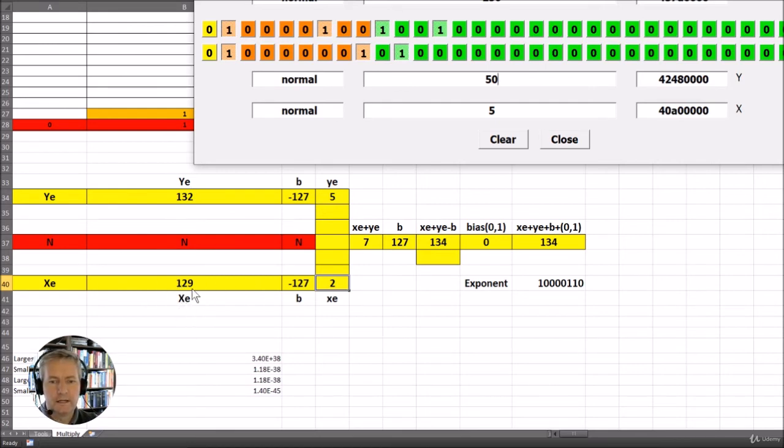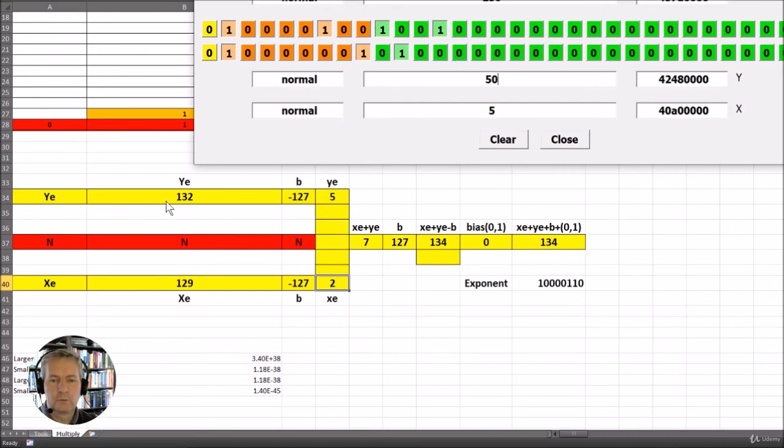So we start off here with our exponent value for x. Now this is the 129 and this is the biased exponent. So this is the actual number here. So this is our x value and it's a 129. And then we take away the bias, which is 127, and it gives us our small xe. Now this small xe is the unbiased exponent and it's got a value of 2.